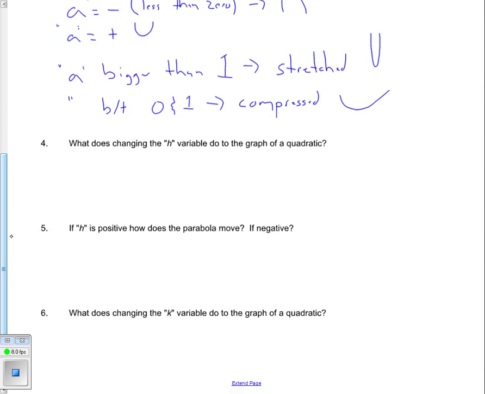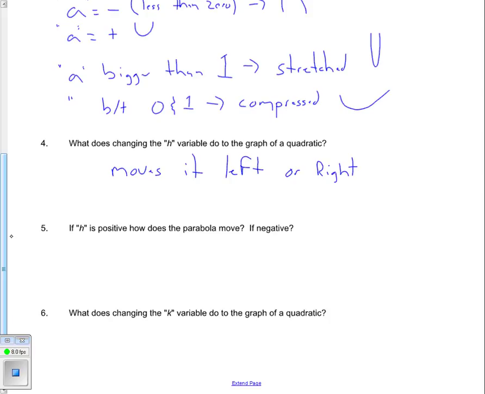Number 4 says, what does changing the h variable do to the graph of a quadratic? It moves it left or right. Okay. Number 5, if the h is positive, how does the parabola move?